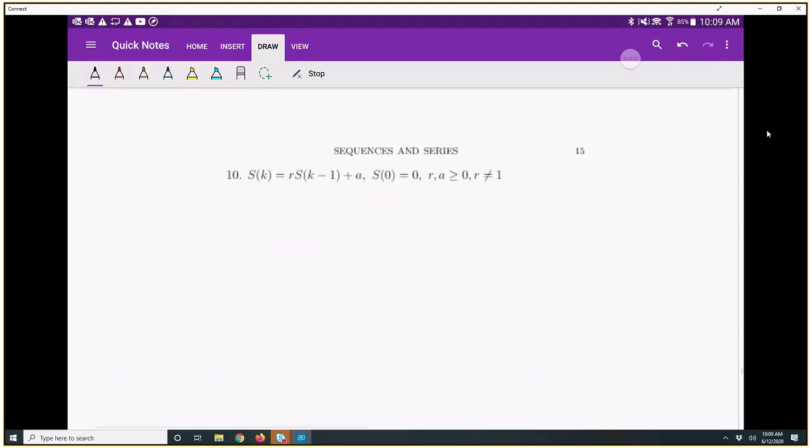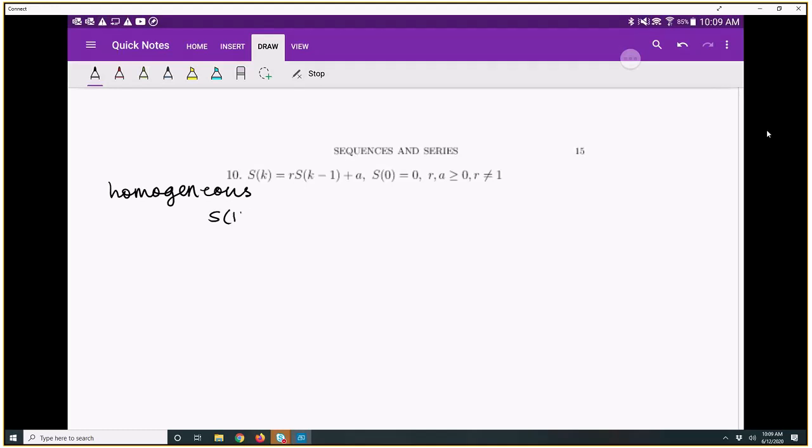Okay, in the next example, I have S of k equals r times S of k minus 1 plus a, where r and a, all I know is that they are greater than or equal to 0, and r is not equal to 1. So I don't have the values for r and a, but I'm just going to treat this exactly the same way. I'm going to first find a homogeneous relation that corresponds.